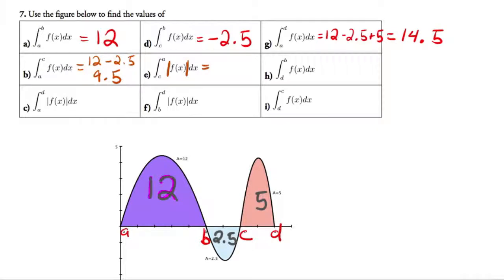Now I think I'm going to need a little bit more room here for this one. I'm going to bring this one over right here on the side. So I'm going to do the integral from c to a of the absolute value of f of x dx. One of the really important aspects of this is that when you're reading the area underneath the curve from a graph, it always has to be going from the smaller number to the bigger number.